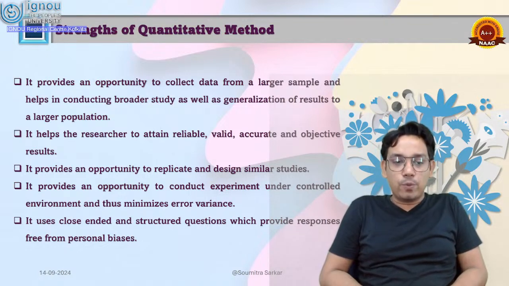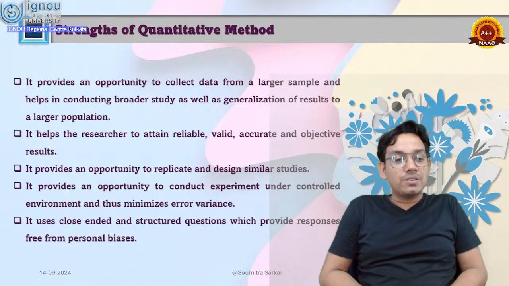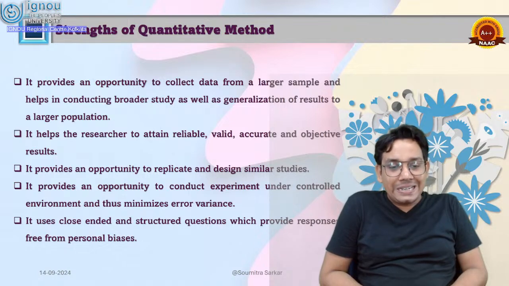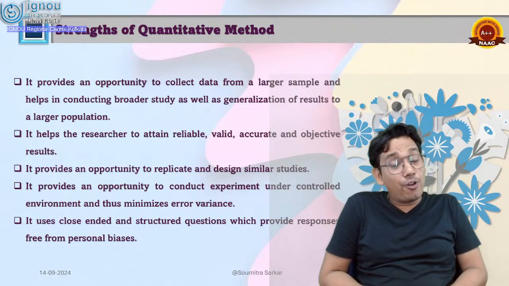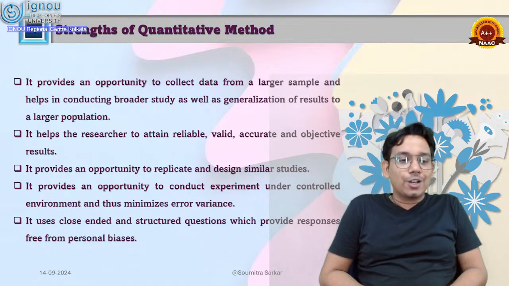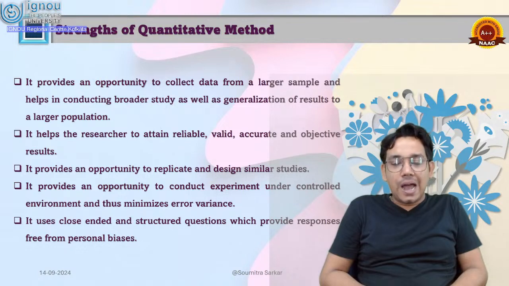And the next point, it uses close-ended and structured questions which provide responses free from personal biases. Close-ended and structured questions, I have already told you about closed-ended questionnaires. All the questions are close-ended.